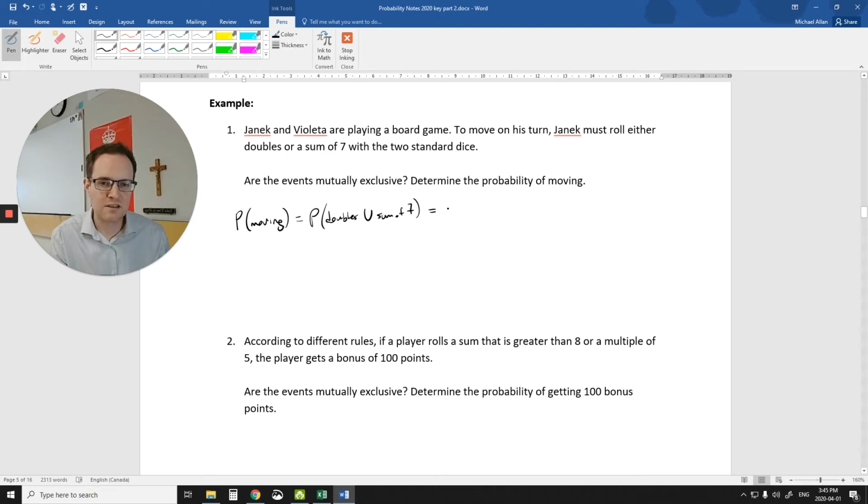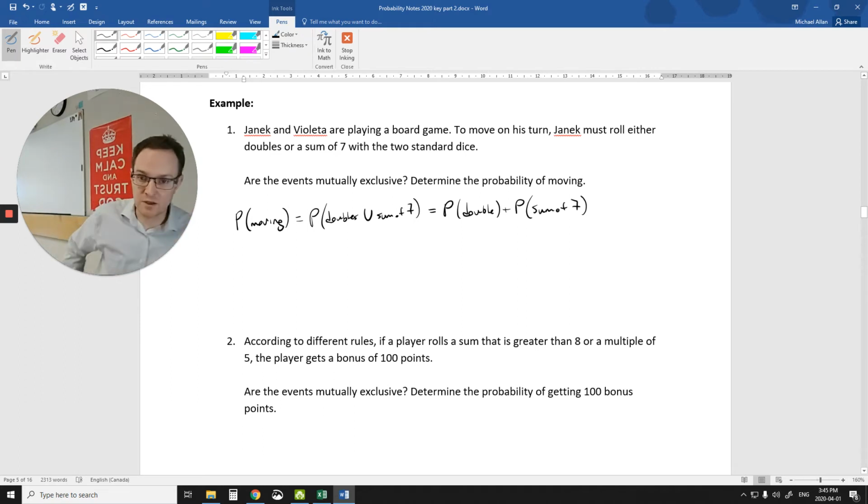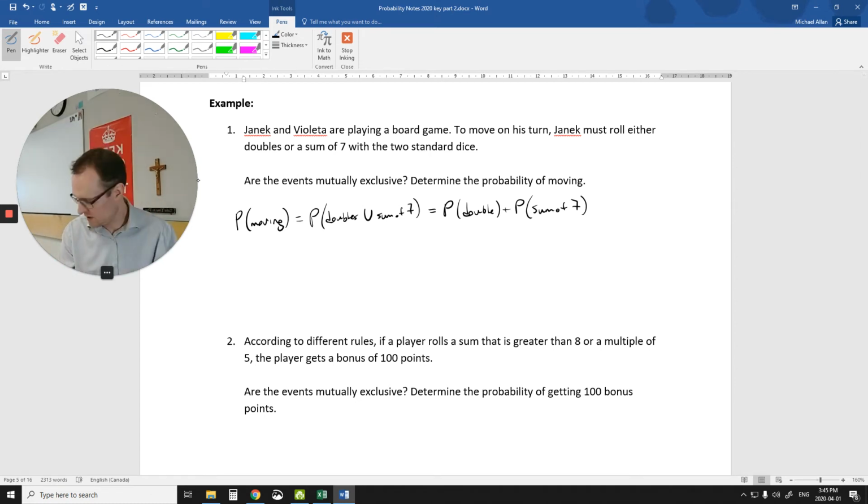If they're mutually exclusive, I could just take these 2 numbers, whatever probability they are, and just add them together. Okay? Now, if they're not mutually exclusive, I'm going to have to subtract out a little piece wherever they cross each other. So I'm not doubling up that number, and you'll see in a couple of situations here.